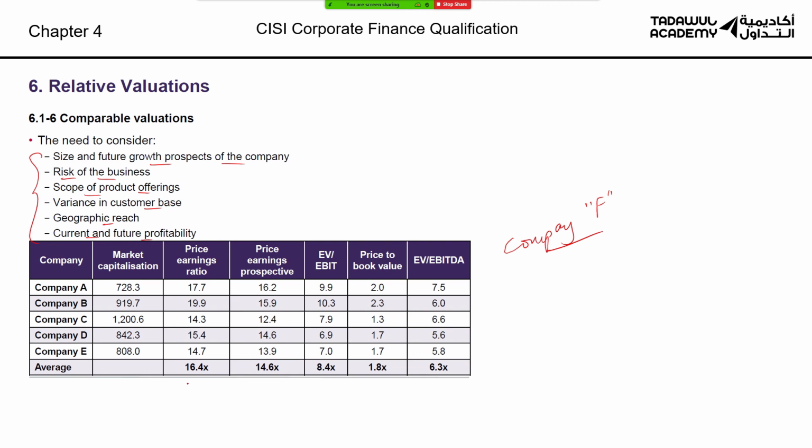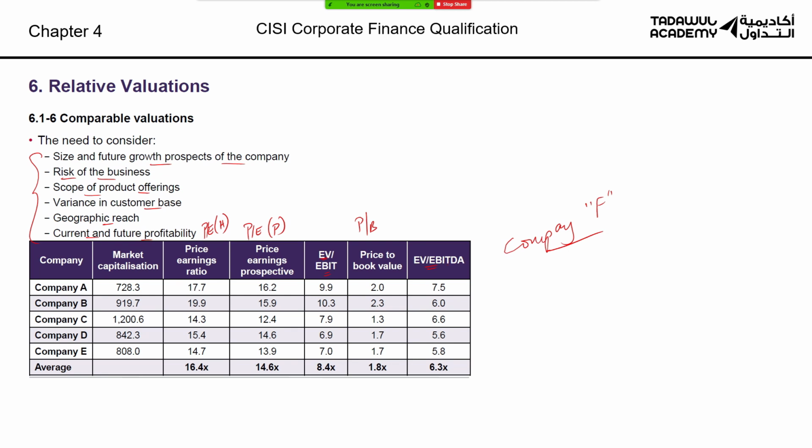The first thing is we need to look at the ratios for the sector. We look at the PE ratio, this is historical. And then we look at the PE ratio, prospective in the future. EV over EBIT, the PB ratio, and EV over EBITDA.